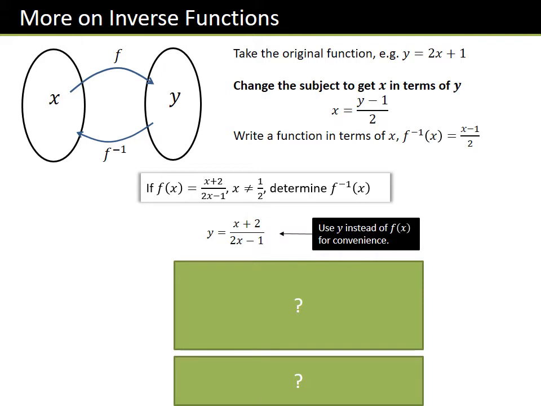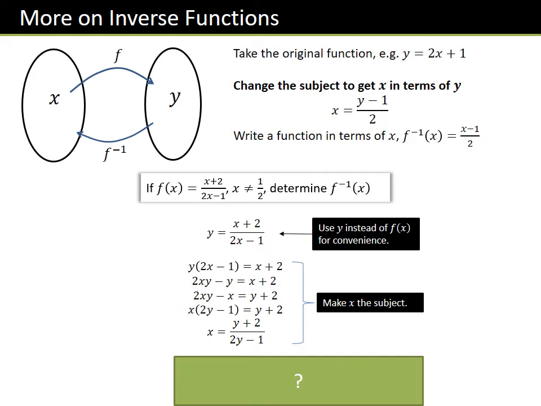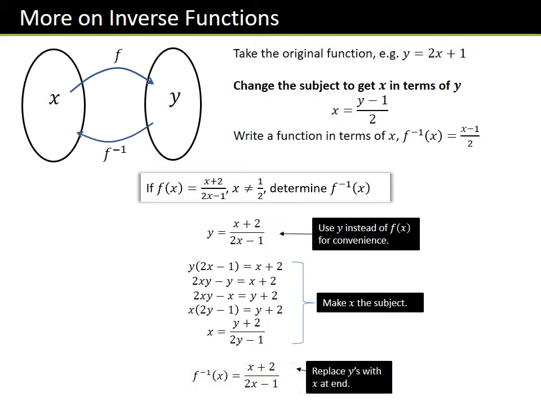Our next stage is very simply to rearrange the function to make x the subject. So we rearrange it, and this has taken us several lines, and I'm not going through line by line. I expect you to understand that. If you don't, stop, have a look, and look at exactly what I've done. So we've made x the subject. Last but not least, we need to rewrite it in correct function notation. So the inverse of the function x is x plus 2 divided by 2x minus 1.